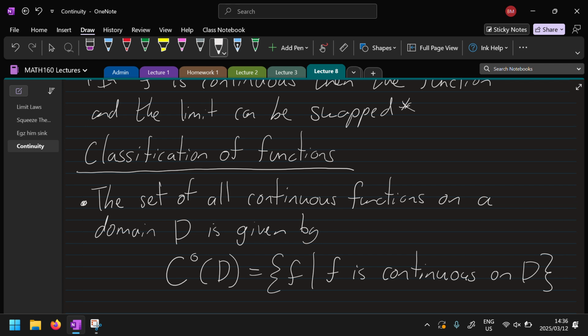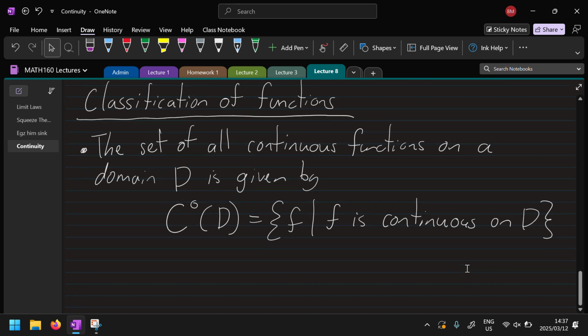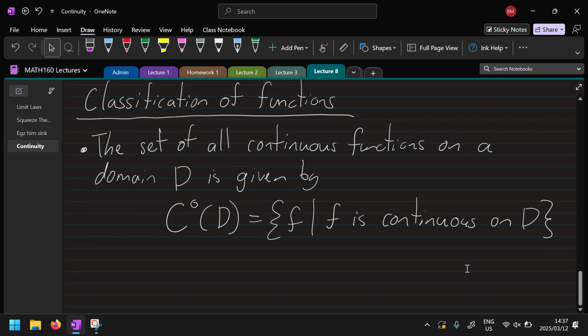Usually D will be the set of all real numbers, like polynomials, exponentials, certain trig functions, and so on. But for here, we'll just put D. We'll add more as we go on.